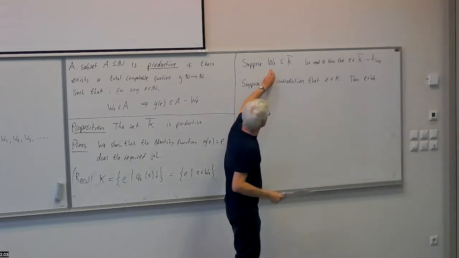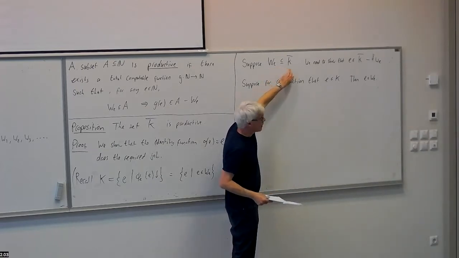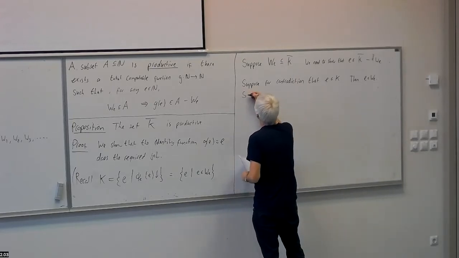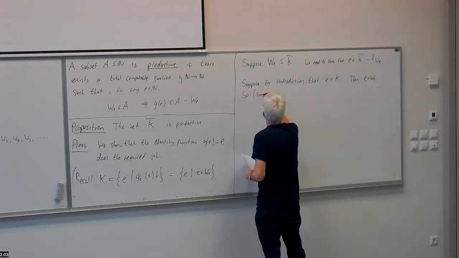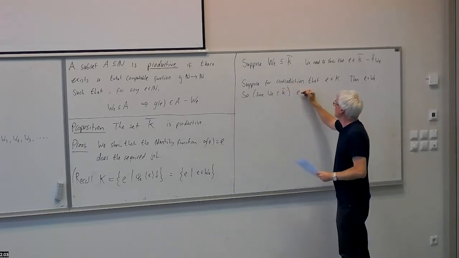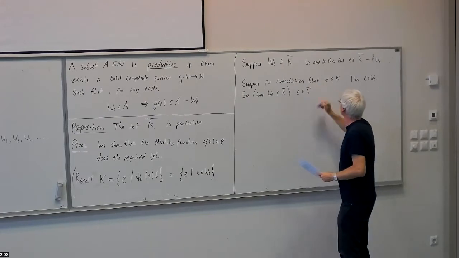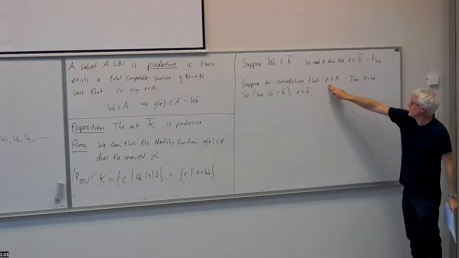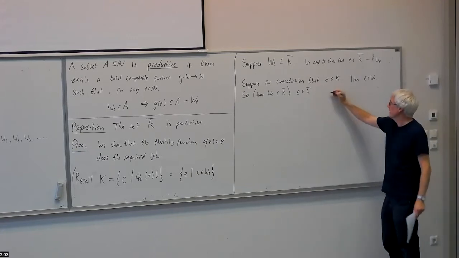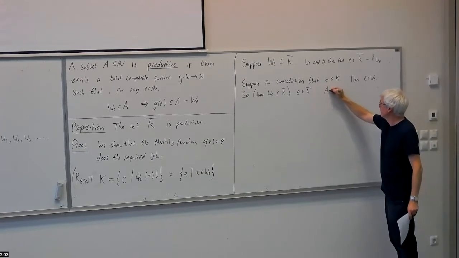But since WE is a subset of the complement of K, E belongs to the complement of K. So on the assumption that E belongs to K, we've shown that E belongs to the complement of K, and that's a contradiction.